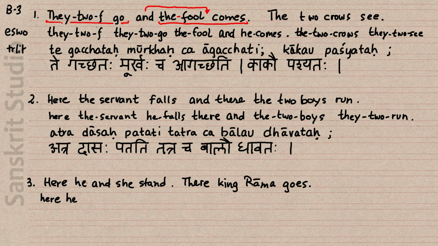So it's he and she, the two pronouns there. So he, she, and then we clarify the verb to be they two stand.